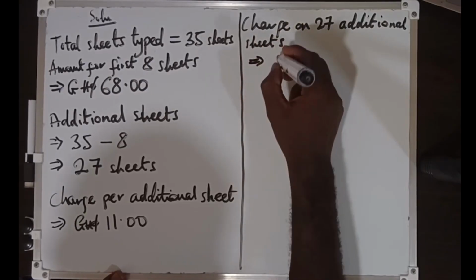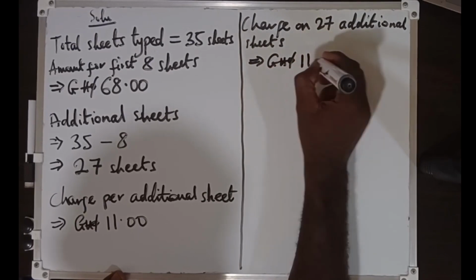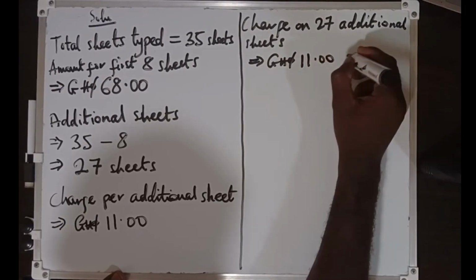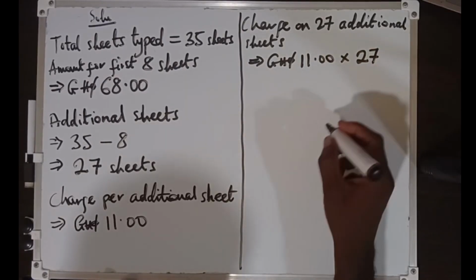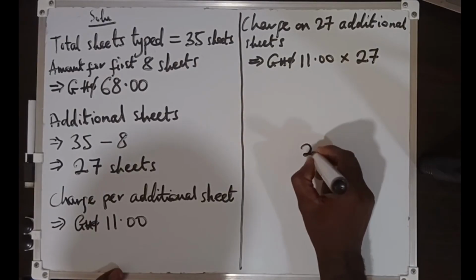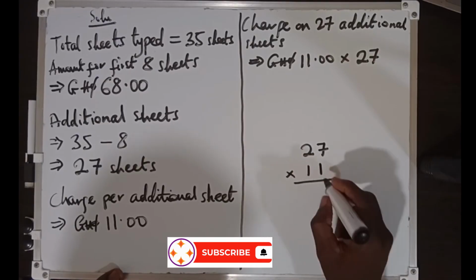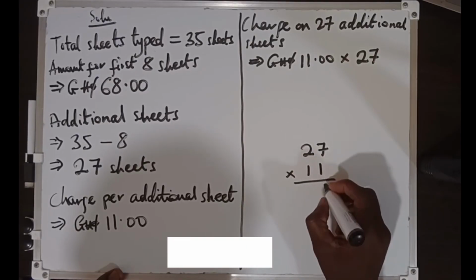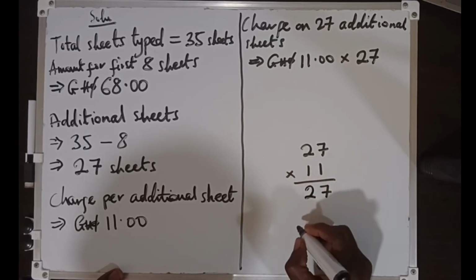That is going to be 11 cedis multiplied by 27. So let's do our simple multiplication on this side. 27 times 11. So we can have 1 times 7 is 7, 1 times 2 is 2.